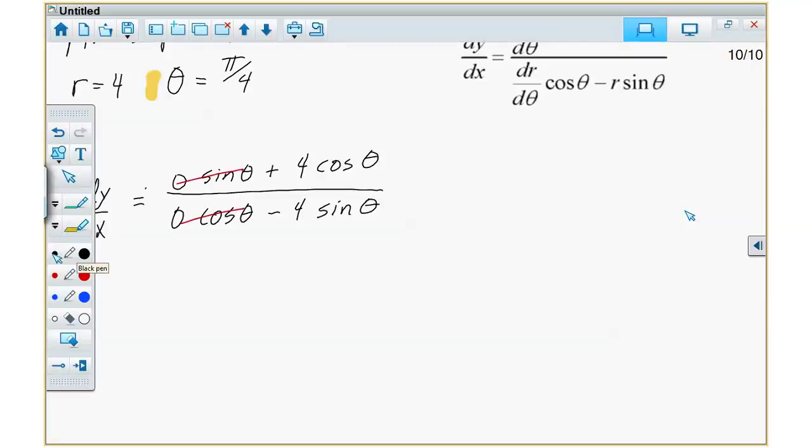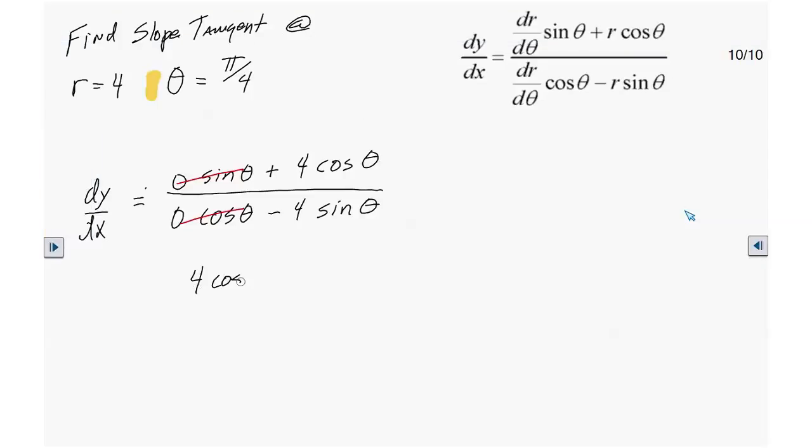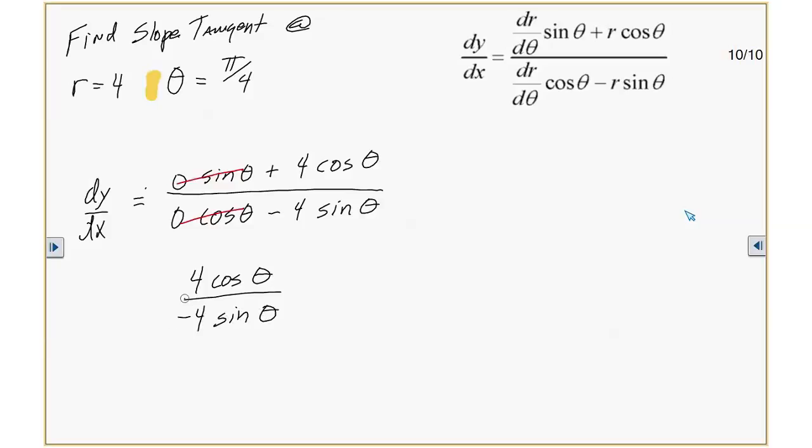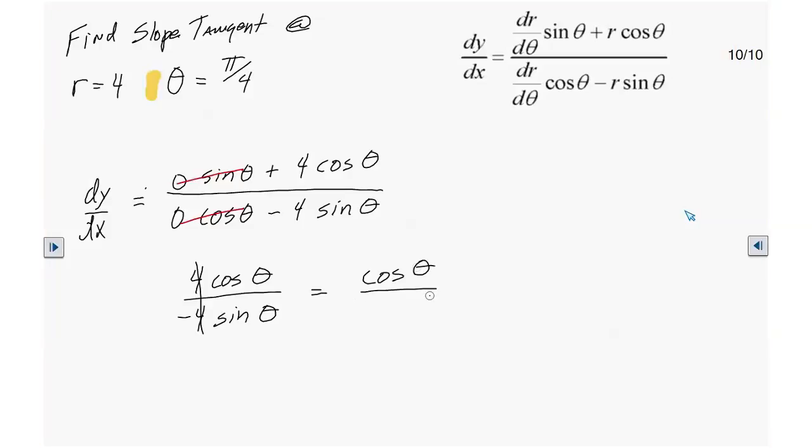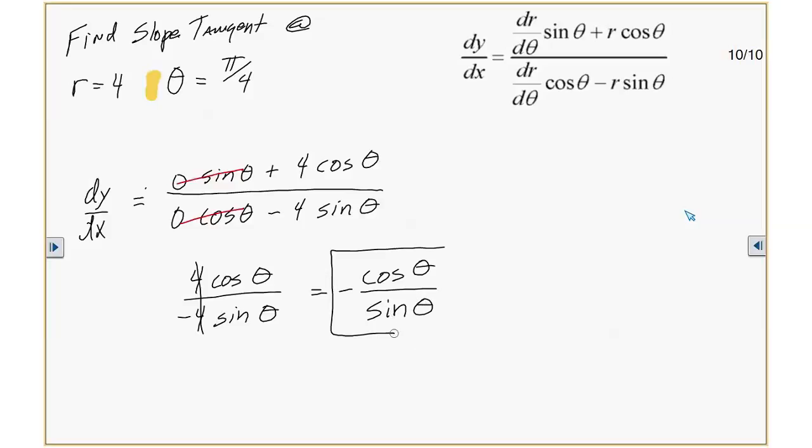So we get 4 cosine of theta over negative 4 sine of theta. And the 4's go out. So you're left with cosine of theta over sine of theta. And that is the derivative.